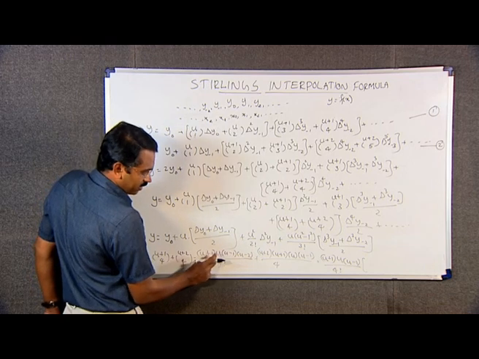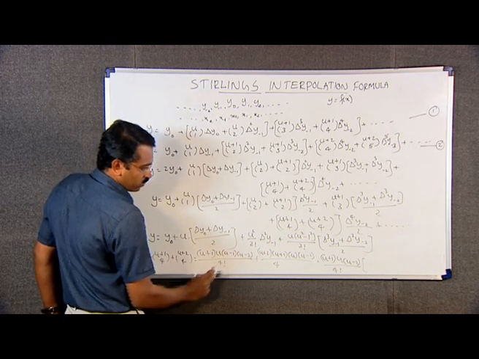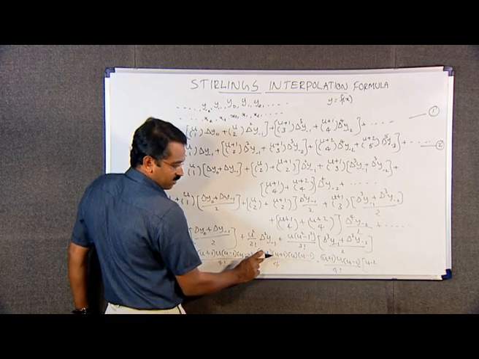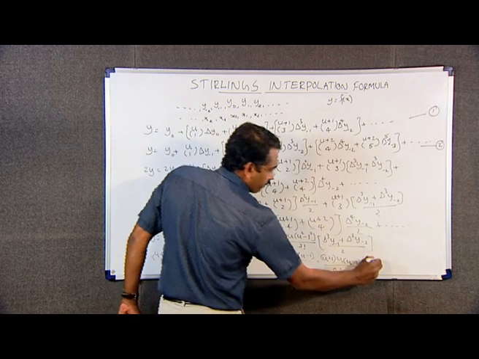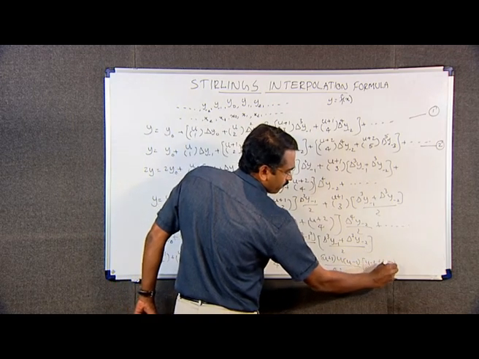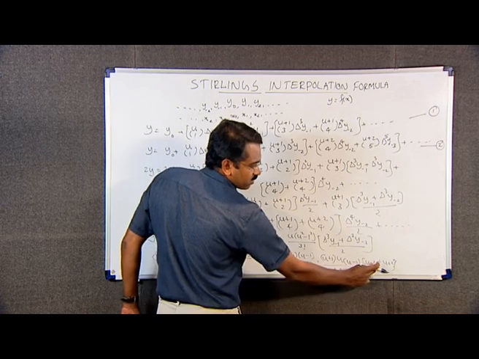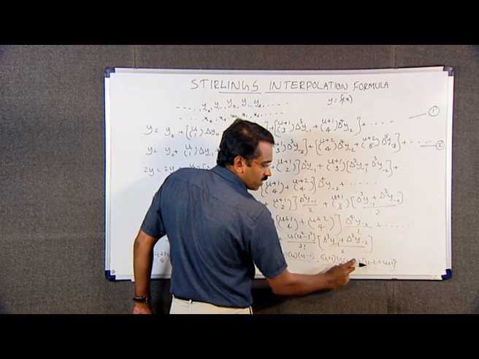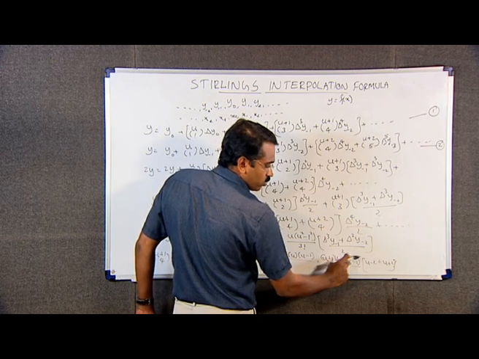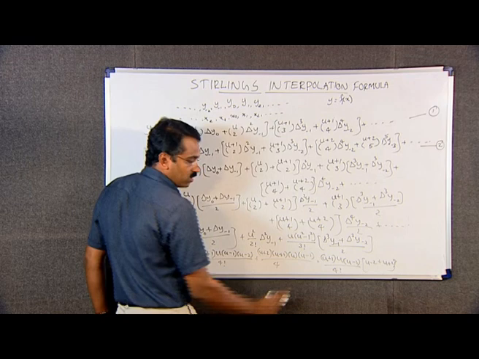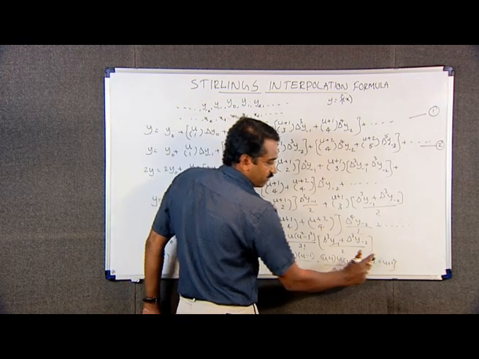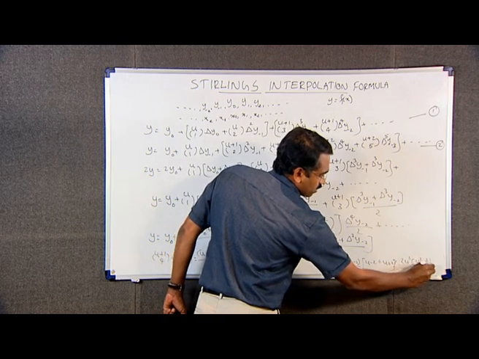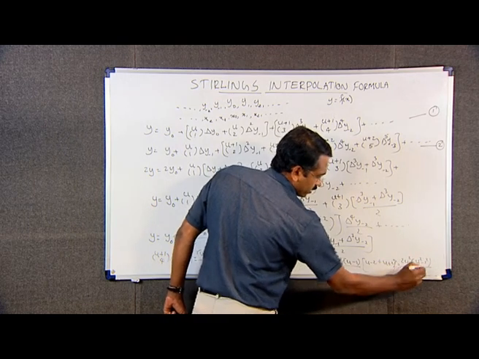The remaining terms are u minus 2 and u plus 2. Adding u plus 2 and u minus 2 gives 2u, so we get (u plus 1)(u minus 1) into 2u, that is 2u square into (u plus 1)(u minus 1), which can be written as 2u square into (u square minus 1) divided by 4 factorial.